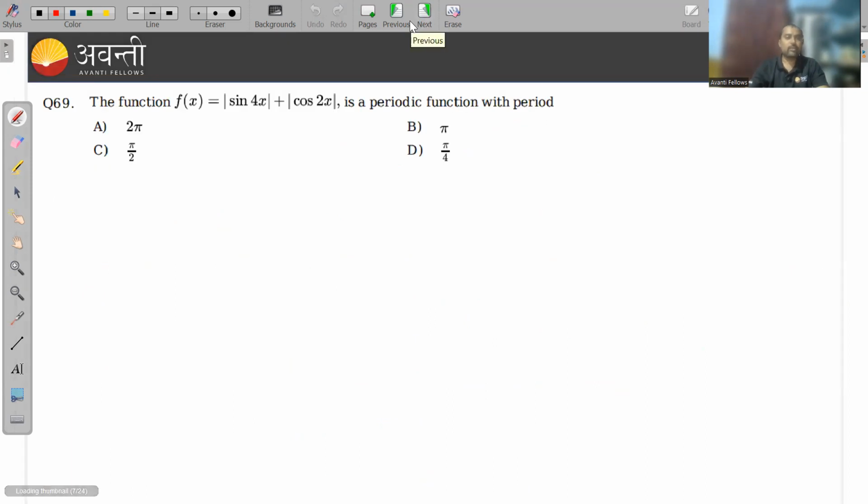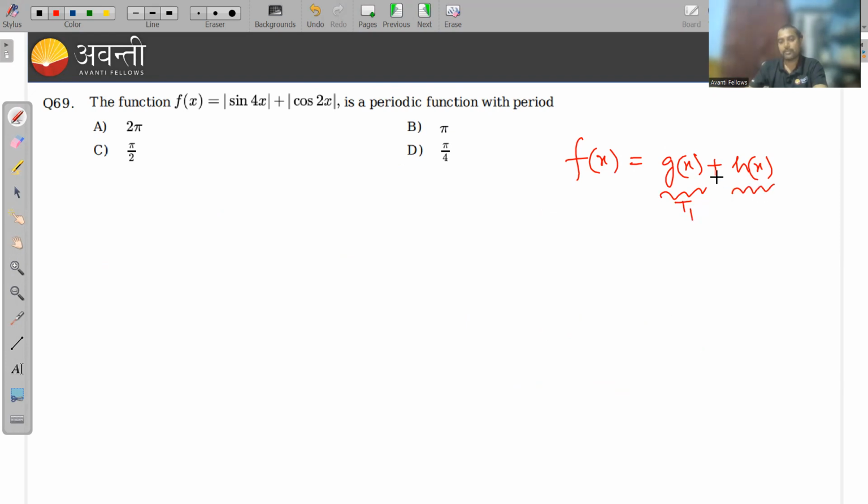In the next question, the function is given and it is asking to find the period of that function. Okay, chalo theek hai. All of you know how we can find the period when f of x is given as g of x plus h of x, and if g of x has the period t1 and h of x has the period t2, then the period of f of x is the LCM of t1, t2.